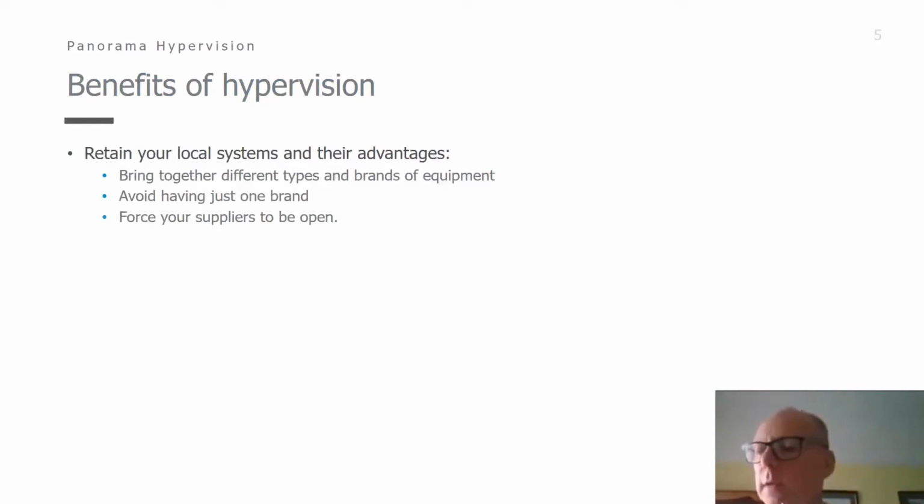It allows you to retain the brands and the equipment that are all down there. It means that you can have multi-brands and bring them all together in Panorama. And in fact, when you go out and buy a new system, you can force the suppliers to be open rather than closed. Which means that they don't hold a gun to your head later for high maintenance costs.